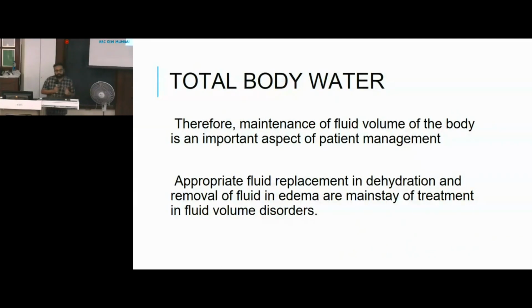Reduced water intake will cause dehydration, but more commonly dehydration is caused by diarrhea and vomiting. Okay, so there will be water loss or fluid loss. So decreased water intake, of course it will cause dehydration, but normally if you have less body water or less body fluid, your body will start a thing called thirst reflex.